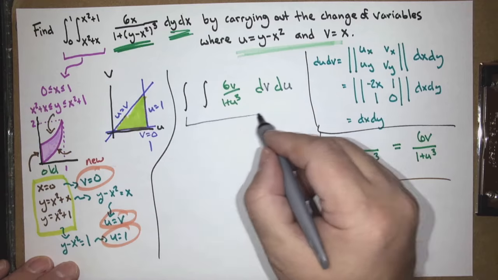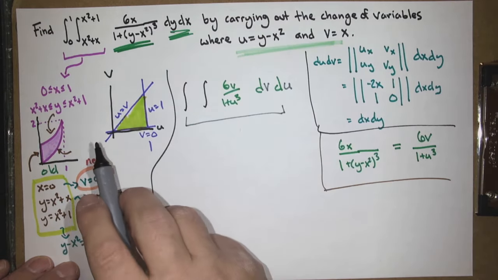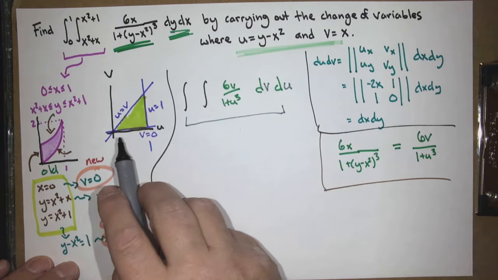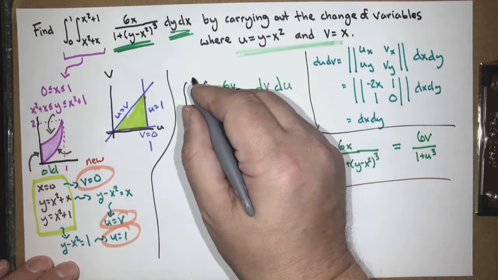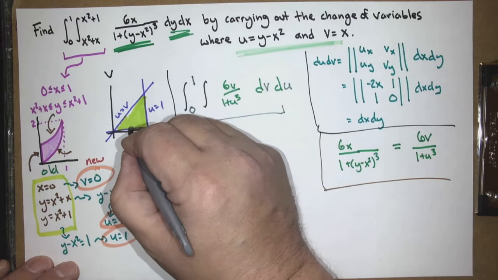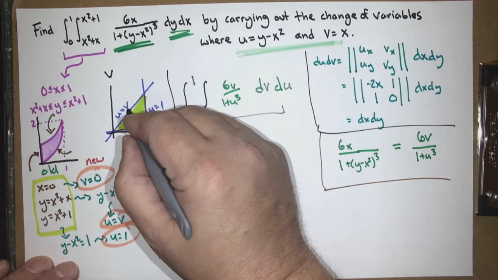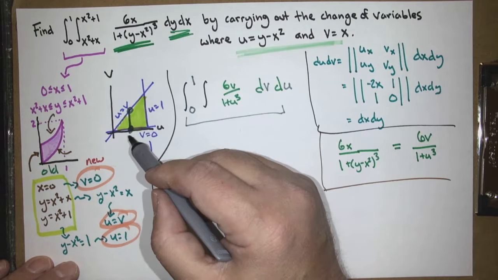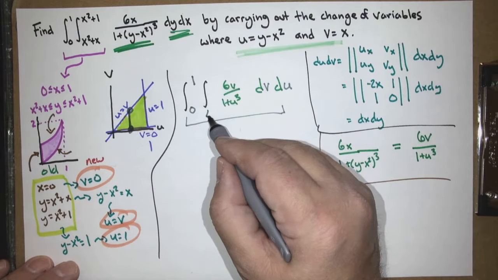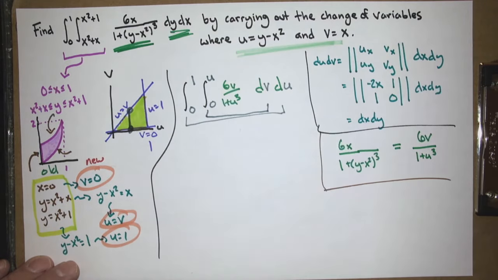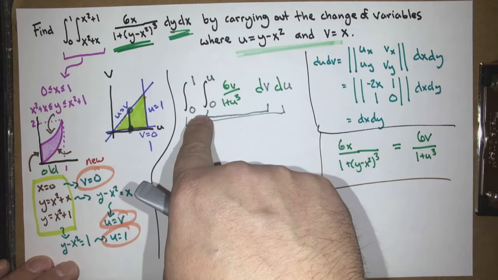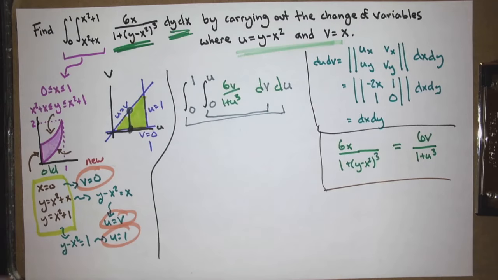Now that we've made a choice, let's figure out our bounds. Where does u go from? 0 to 1. Given a u, where does v go from? 0 to u, right? Because these are v equals bounds. So v equals u.